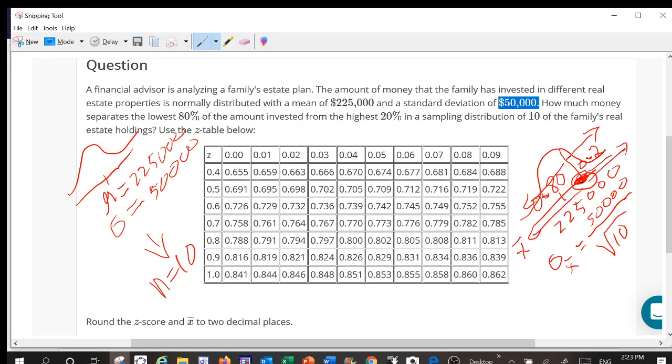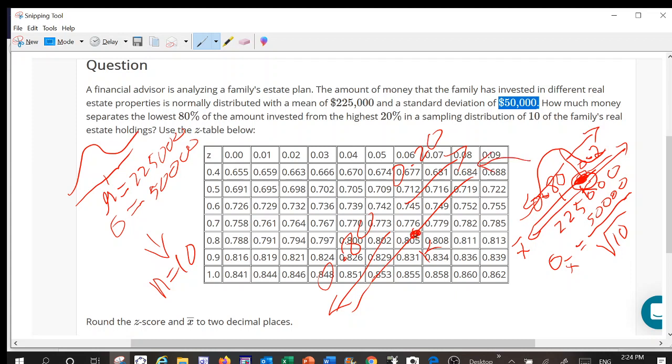And we know that number, let's call it K. So we're looking for a number K here that has 80% to the left of it and 20% on the right, under that distribution, right? So what is that number?